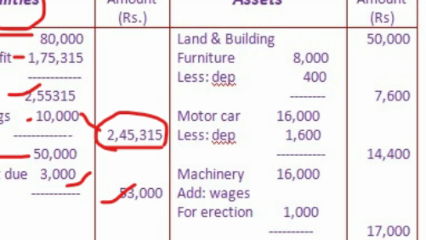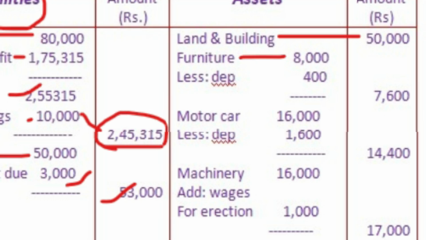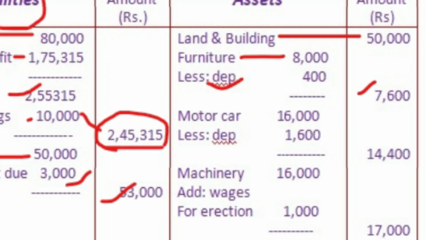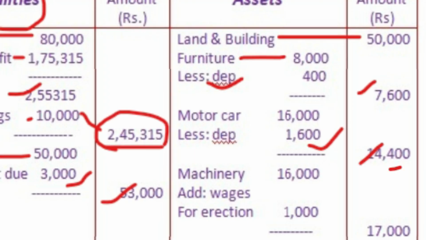And on the asset side, land and building 50,000, furniture 8,000 less depreciation 400, so 7,600, motor car after depreciation 14,400 balance, and machinery 17,000.